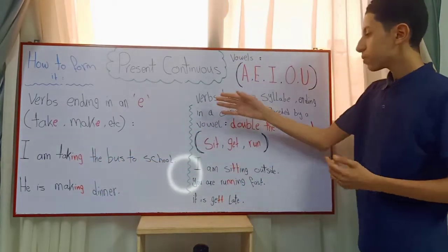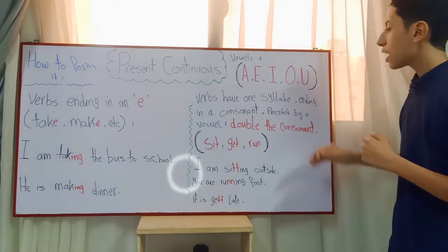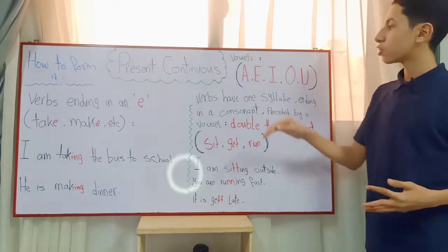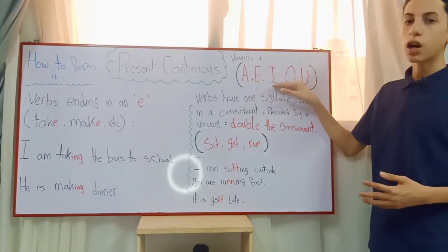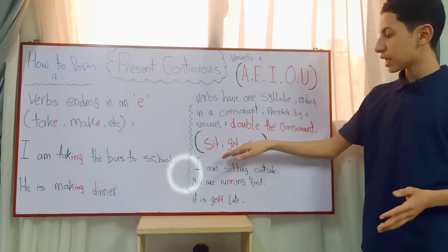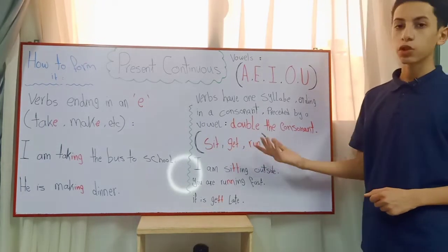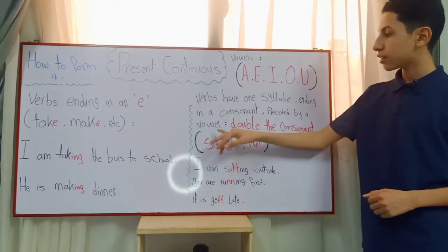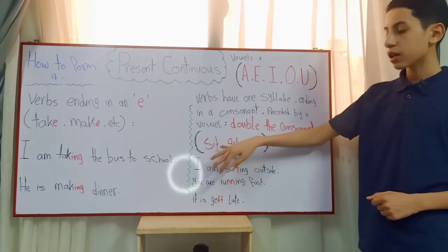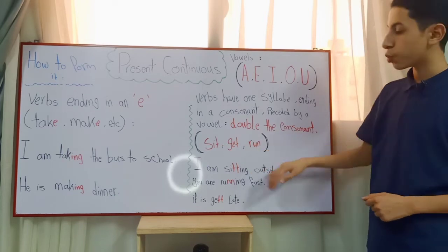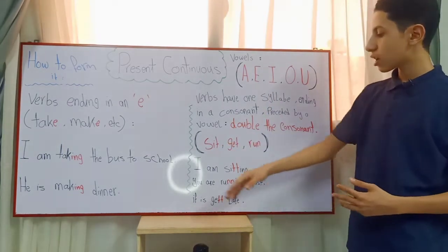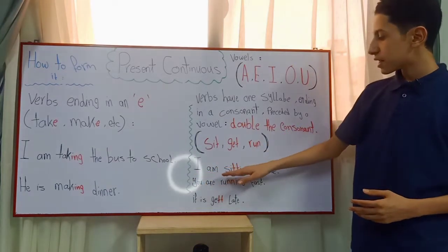And verbs that have one syllable, ending in a consonant and preceded by a vowel. Vowels are A, E, I, O, and U. So for example, sit, get, run. This is one syllable and it ends in a consonant preceded by a vowel, which is I, E and U. So in that case, when we put it in a present continuous sentence, it will be I am sitting.